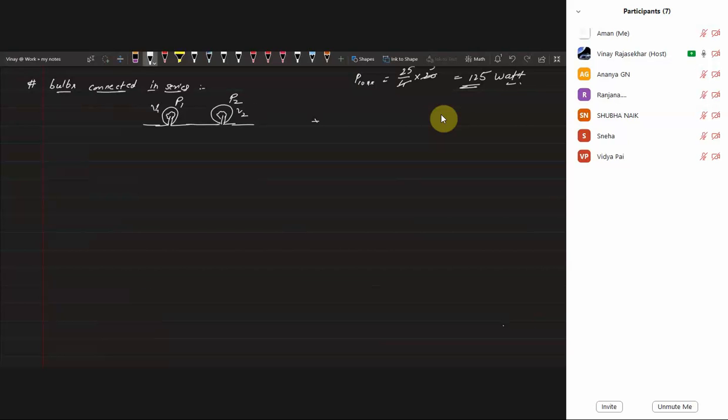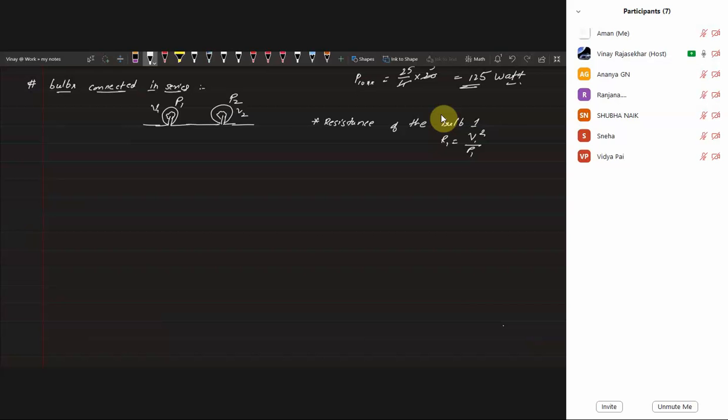Then please remember, the resistance of bulb 1 can be taken as R1 is equal to V1 square by P1. This is the formula to calculate the resistance.